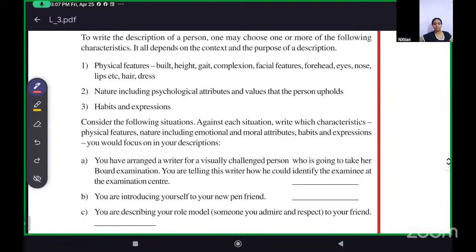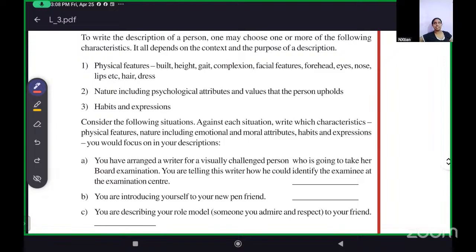Those are the things that you can write about yourself. Then the third one is you are describing your role model to your friend. Sometimes we discuss with our friends the people we like, role models, maybe a person who inspires us. So how do we describe them?